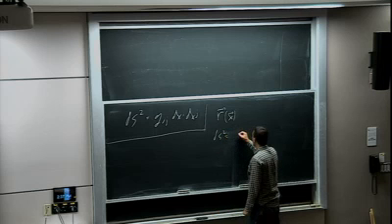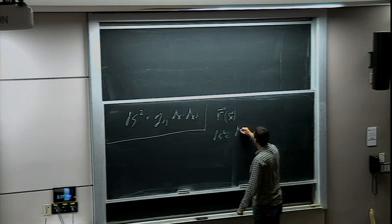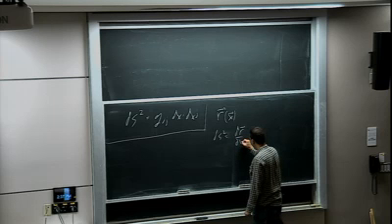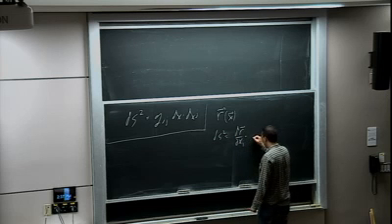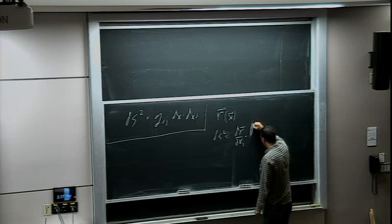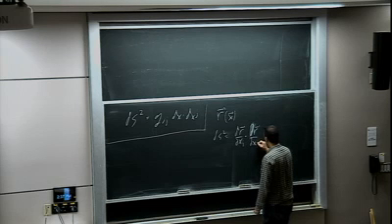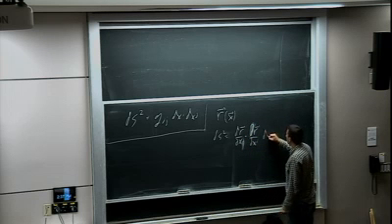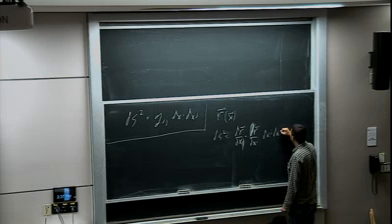ds squared, I get the following. I get dr, dxj internal product with dr, dx, dxj dxi.